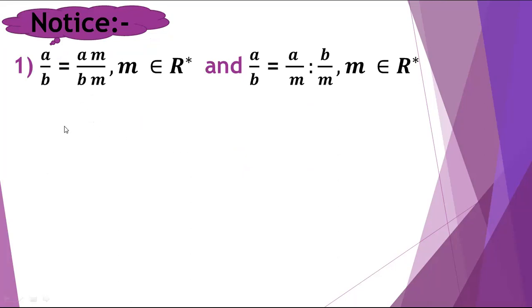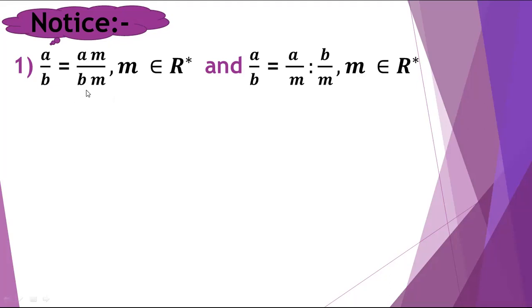Remarks. If the ratio is A over B, it can be A times m over B times m. That means for any real number m except 0, we can multiply each term of this ratio by this real number. That means A over B equals A times m over B times m.